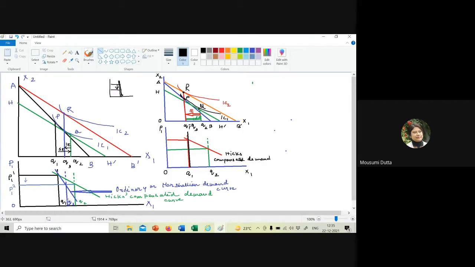In this case also, it is inelastic. However, it is perfectly inelastic.